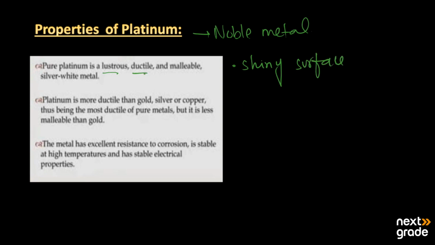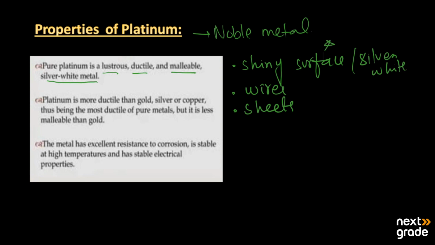It is highly ductile, meaning it can be easily converted into wires, like platinum wires. It is highly malleable, meaning it can be easily converted into sheets. Platinum sheets can be used, and it is a silvery white metal. Basically, its color is silver white with a shiny surface.